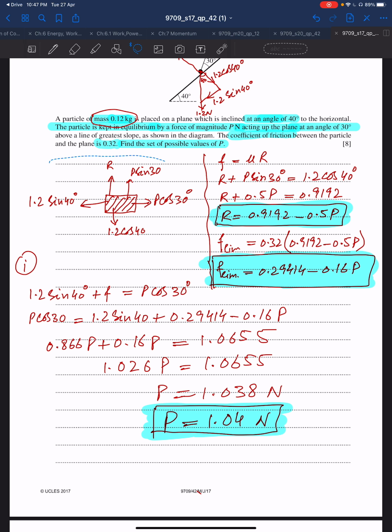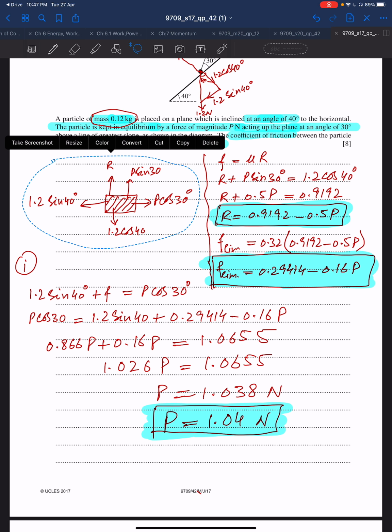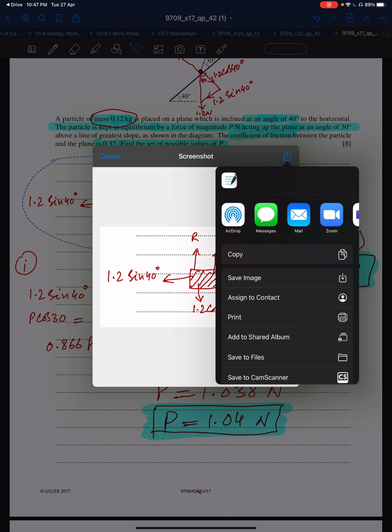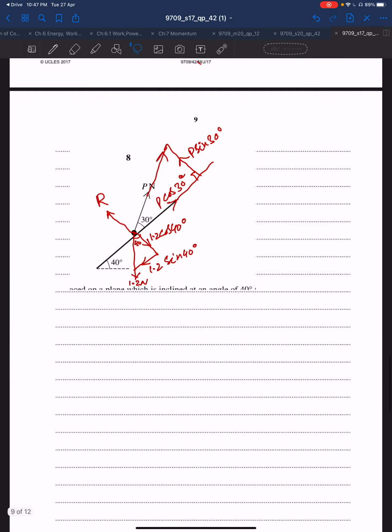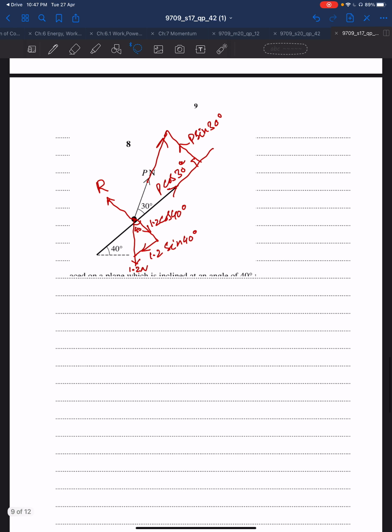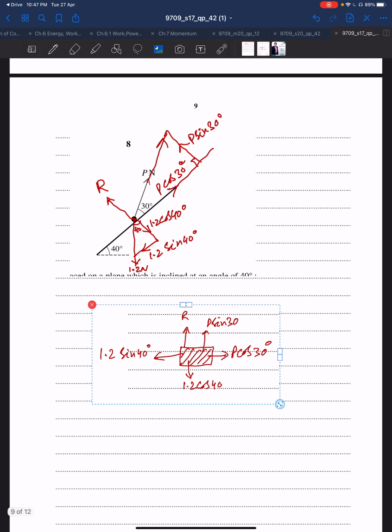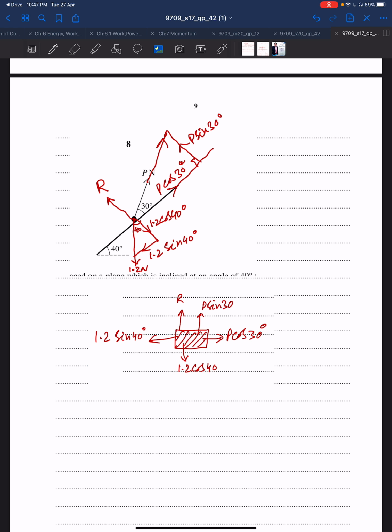Let me copy it down first and paste it to the other page. Now the friction, as I told you, this is to move downwards, so the frictional force will work on this side. That means friction will be working in this direction, F limiting.